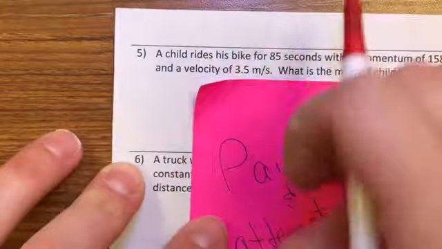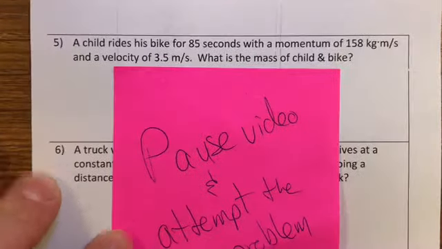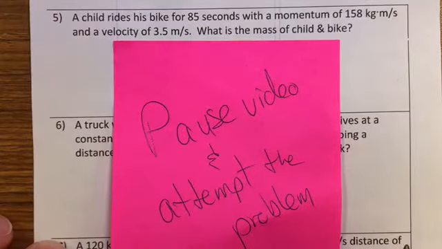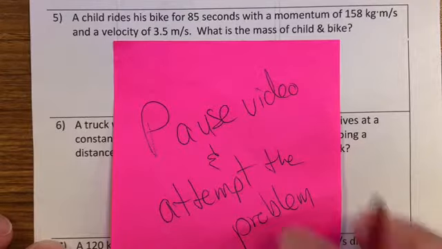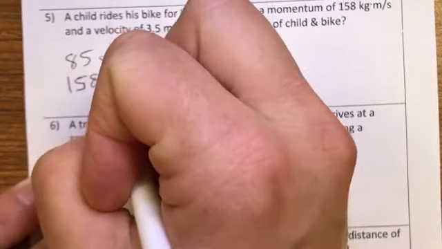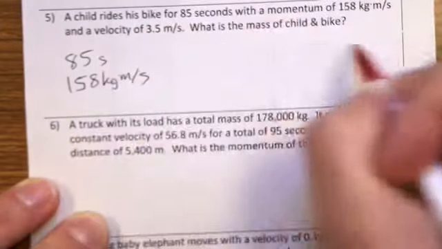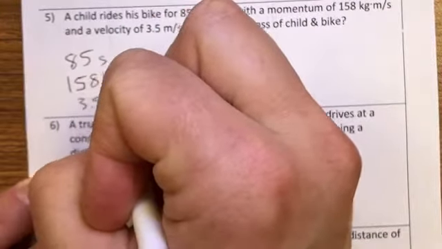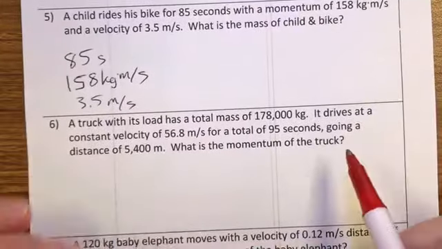On the back side, pause and work the problem. A child rides his bike for 85 seconds with a momentum of 158 kilogram meters per second with a velocity of 3.5 meters per second. What is the mass of the child and bike?